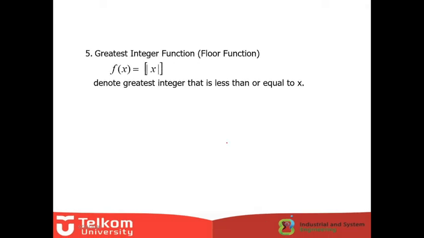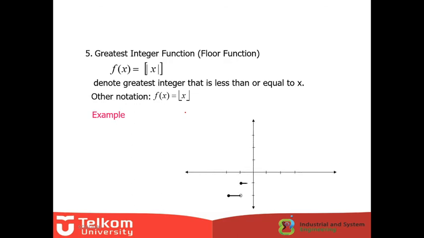Okay, this is the greatest integer function, or we call it the floor function. We denote the greatest integer that is less than or equal to x, written as floor of x. For example, this is the picture of the greatest integer function. 5.9 should be equal to 5 because we find the smallest integer.